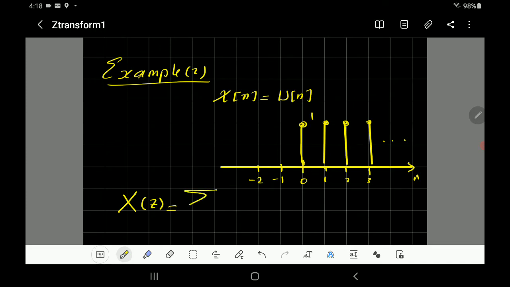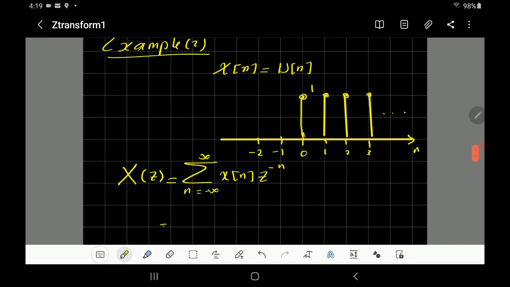Well, according to the definition, it's x[n] z power minus n, n from minus infinity to infinity. That's the definition. But since the unit step starts from 0, I will change this limit from n equals 0 up to infinity.